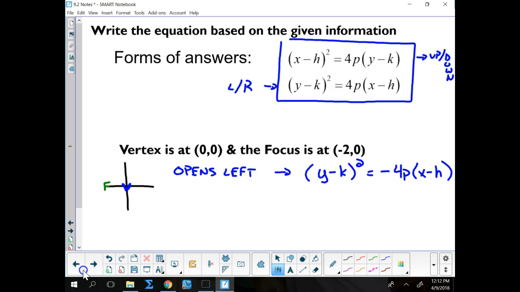So that's what my equation of this parabola is going to look like. Do I know anything right away that I can fill in that equation? You have the point of the vertex, which will be the h and the k.